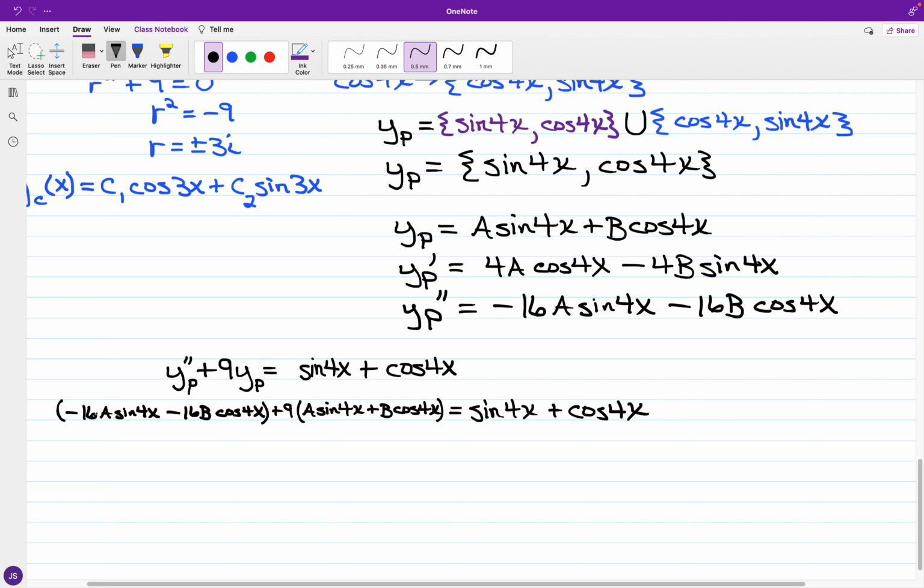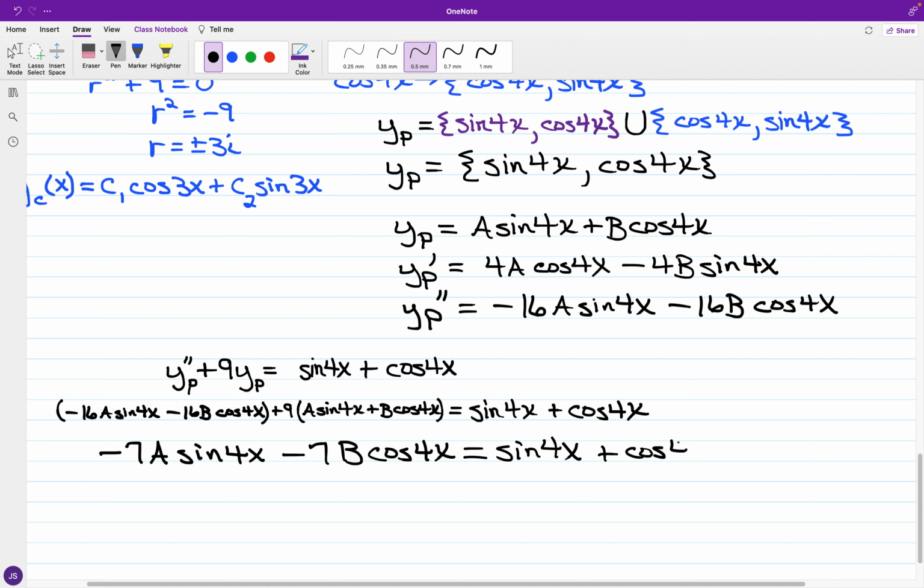Just combining like terms, you're going to have negative 7a sine of 4x and minus 16b cosine of 4x plus 9b cosine of 4x, so we have minus 7b cosine of 4x, equal to the sine of 4x plus the cosine of 4x.